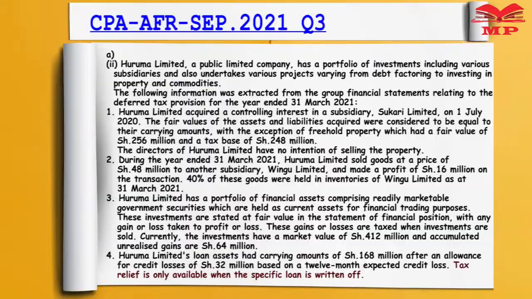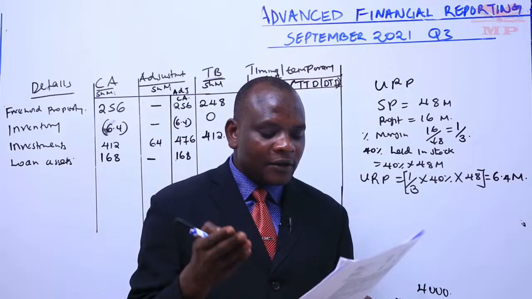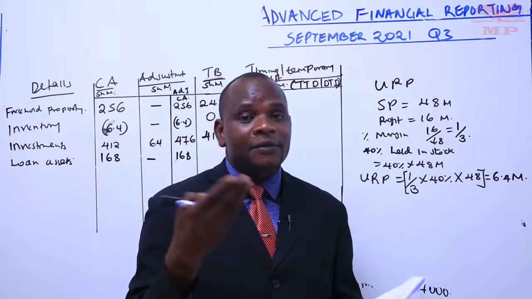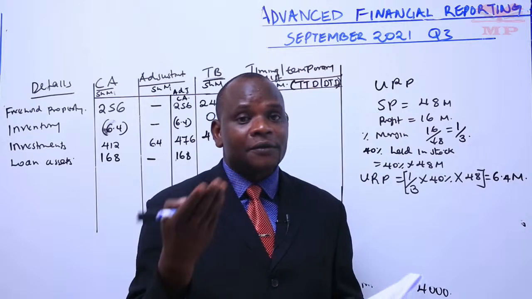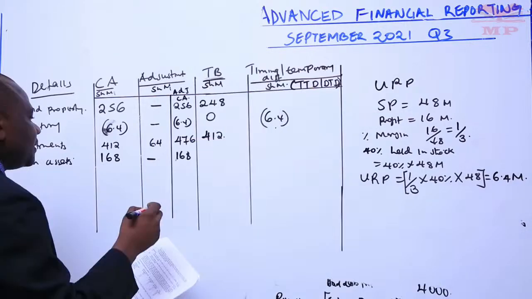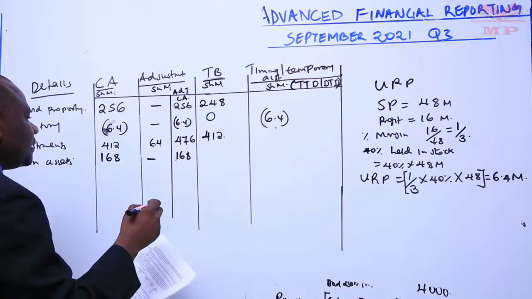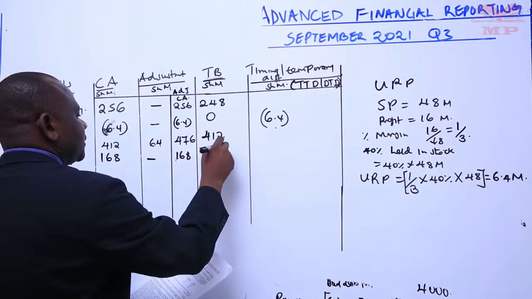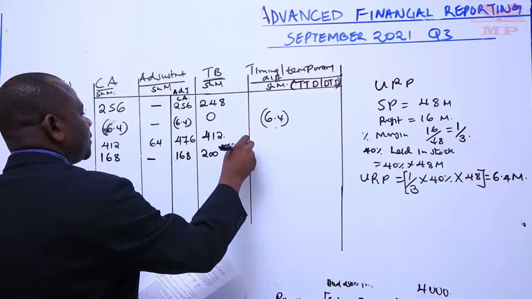And so this credit loss is not specific, it is general. So according to the taxman, the loan asset is 200. That is 168 plus 32.